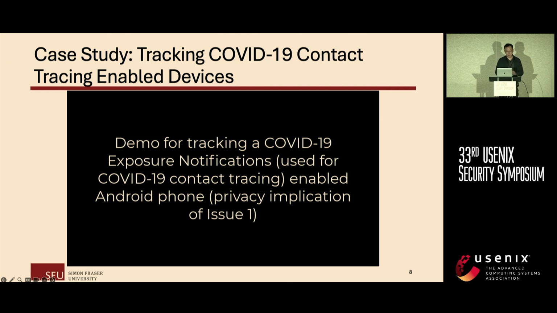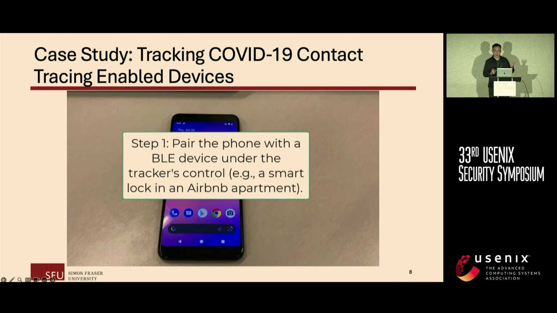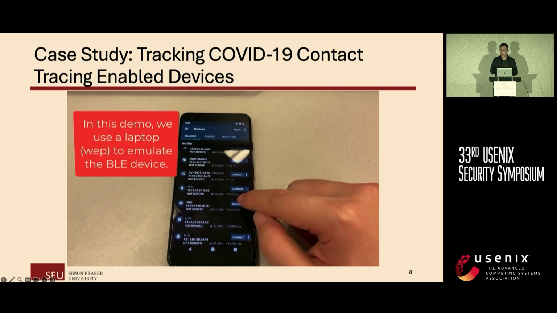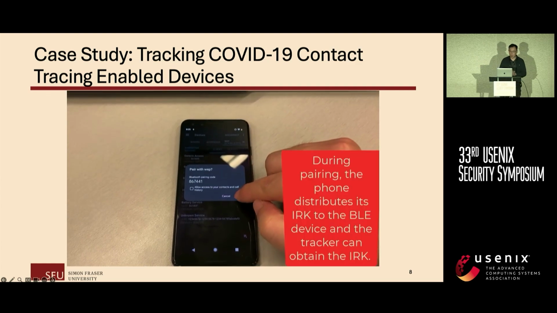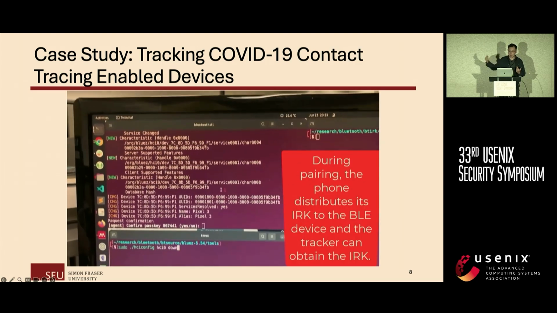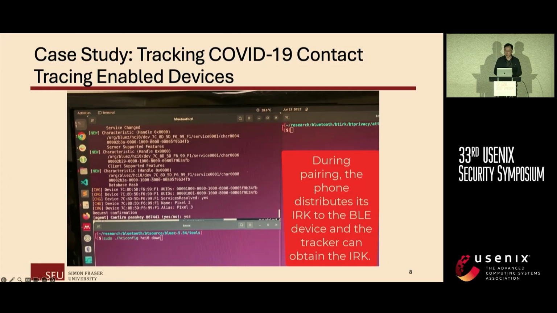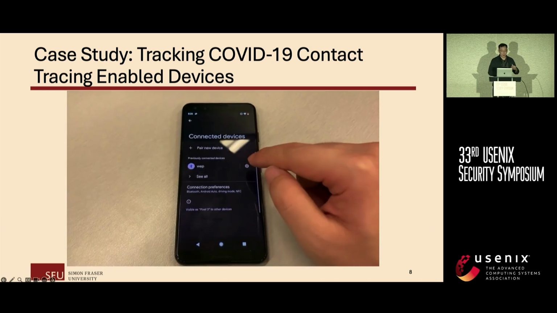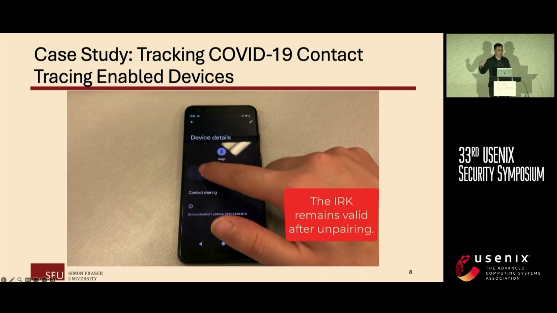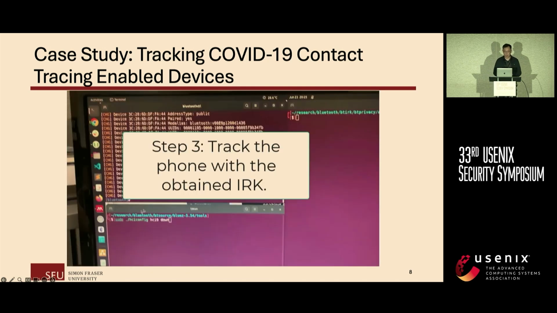This demo shows how a device can be tracked if it enables the COVID-19 contact tracing system. The first step is that the user pairs the phone with a device under the attacker's control. For example, when she moves into an Airbnb apartment, she pairs her phone with a smart lock. Later, the lock may be compromised by the attacker. During pairing, the key is distributed to the smart lock. When the user leaves, she unpairs her phone from the smart lock, but this key remains valid after unpairing.